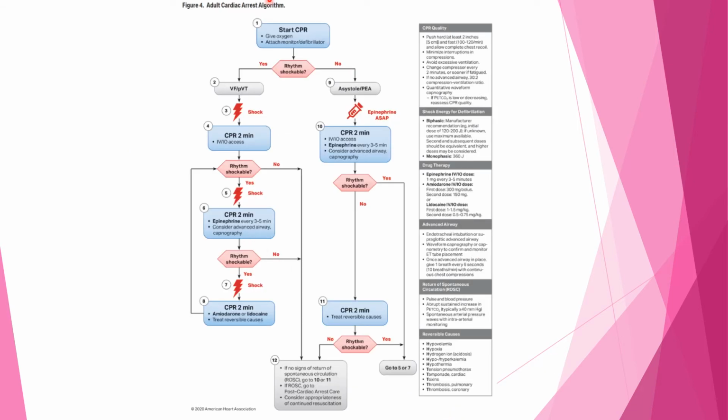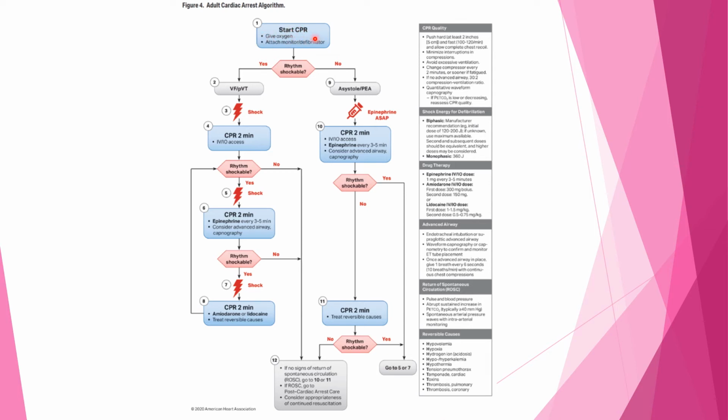This is the adult cardiac arrest algorithm, American Heart Association 2020. If a patient has cardiac arrest, what will I do for the patient? First of all, start CPR, high quality CPR.